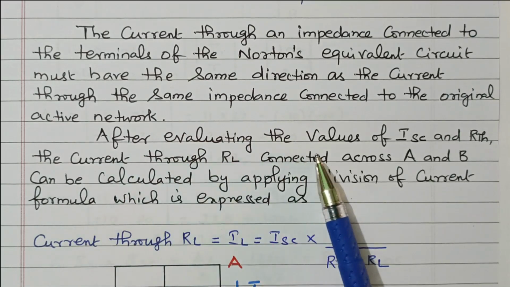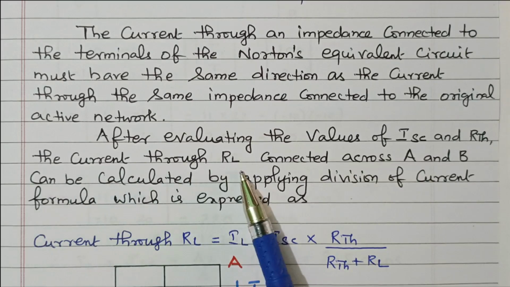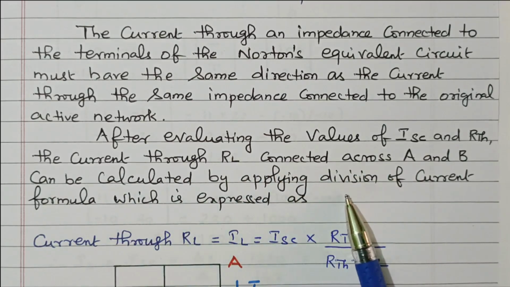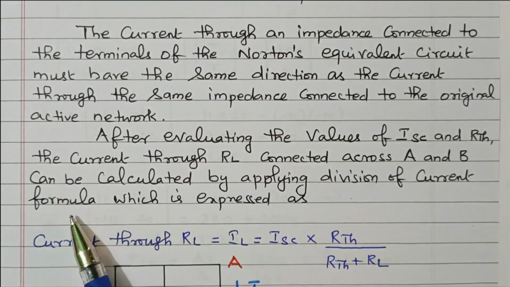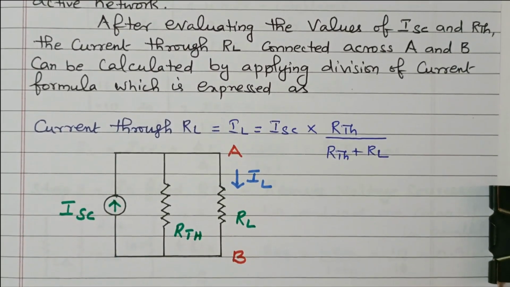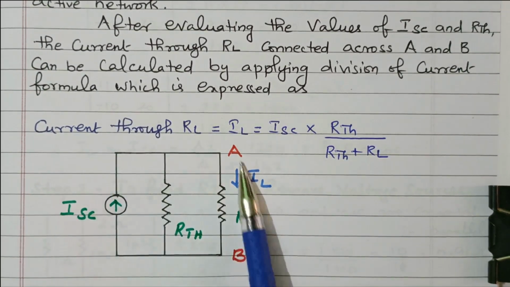After evaluating the values of ISC and RTH, the current through the RL connected across AB can be calculated by applying the current division rule as expressed below. So after finding ISC and R Thevenin, we have this final circuit.